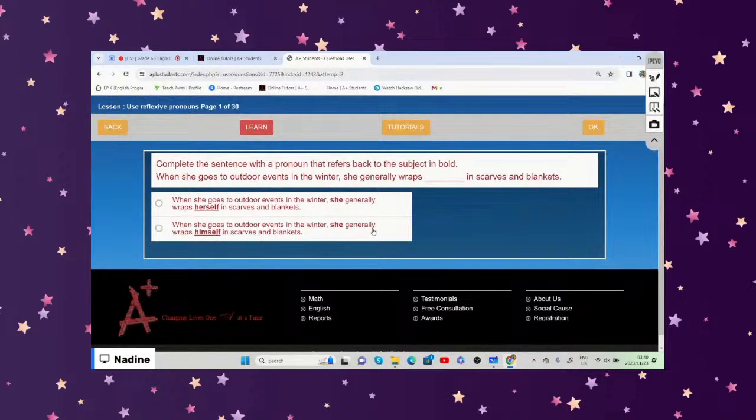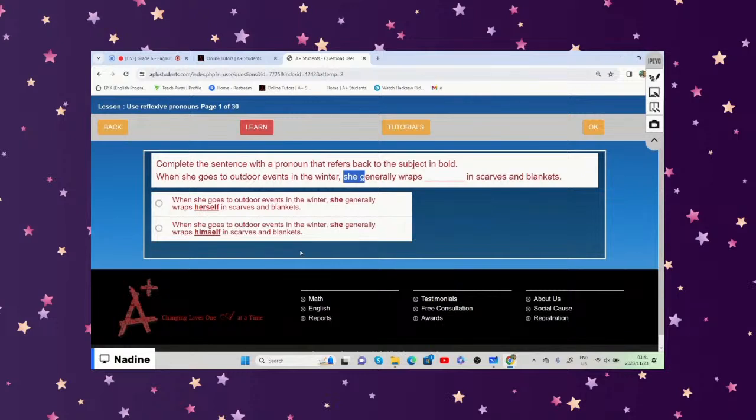When she goes to outdoor events in the winter, she generally wraps herself in scarves and blankets or himself in scarves and blankets?